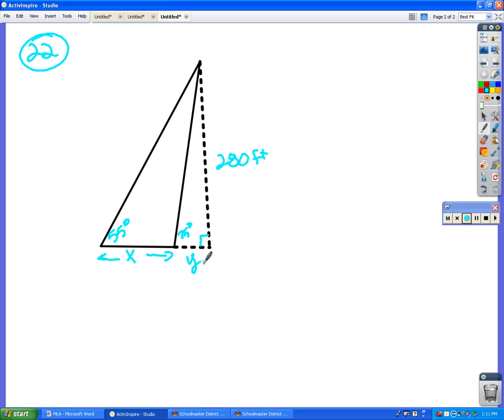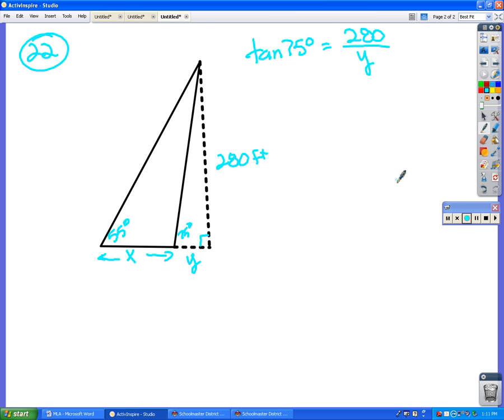Give me a thing that has to do with the 75, the 280, and the y. Okay, we're going to use the tangent of that angle because this is the opposite side from that angle, and this is the adjacent side. So tangent of 75 equals 280 over y.